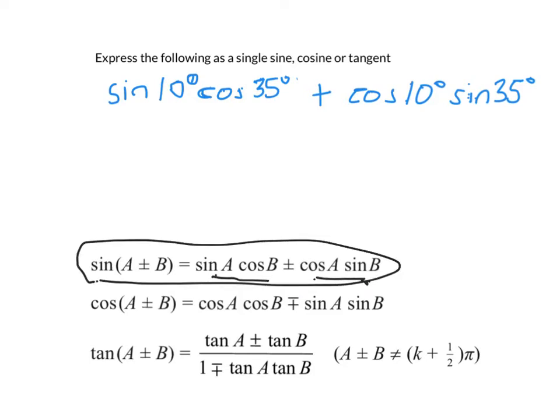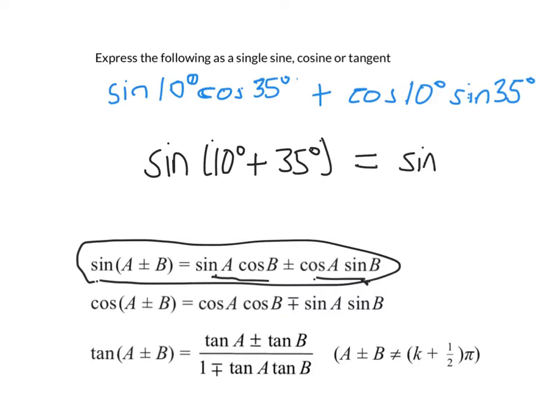So it's the addition formula. So this is going to be sine of 10 degrees plus 35 degrees. So that is sine 45 degrees.